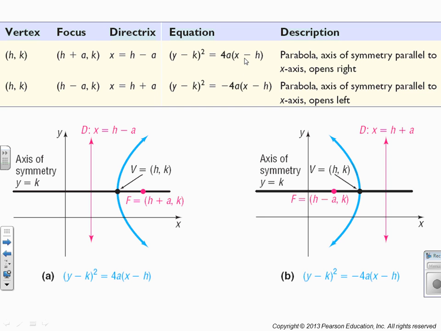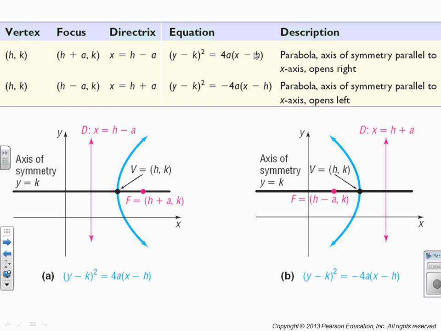The equation is, since we now have x and y on different sides of the equation, we're always going to subtract our vertex. So it's going to be y minus k squared equals 4a times x minus h.